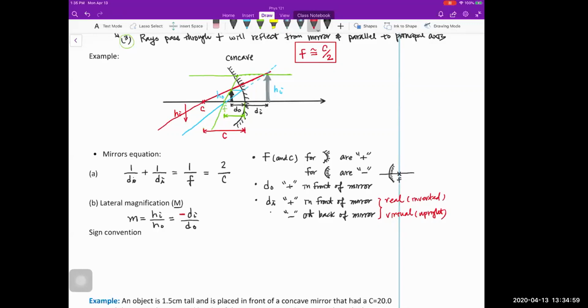So this negative sign represents whether your image is upright or inverted. If you have a negative, that means you're going to have a real image, because a real image is inverted. If you get a positive M, it's going to be a virtual image.